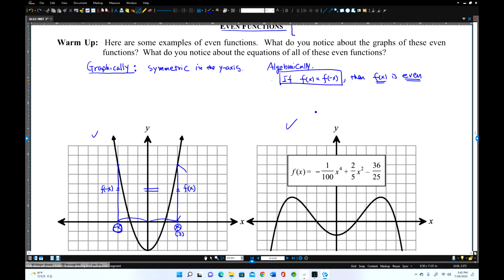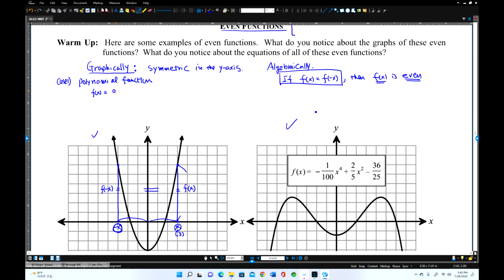Case 1, polynomial functions. Maybe you can see it, f of x equals a constant.